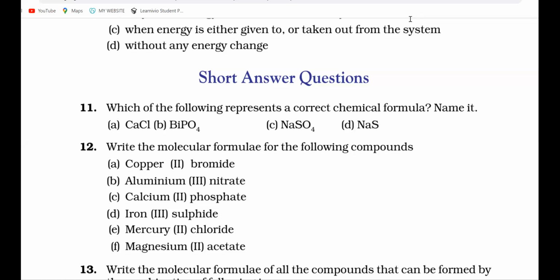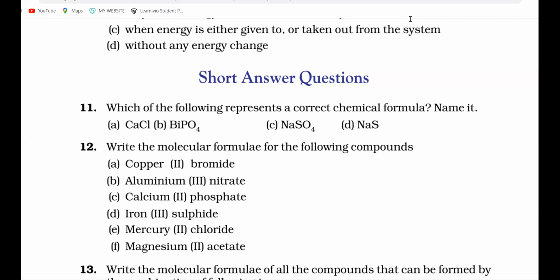Note it down. Which of the following represent the correct chemical formula and name it? Sir, I think A. Why do you think so?